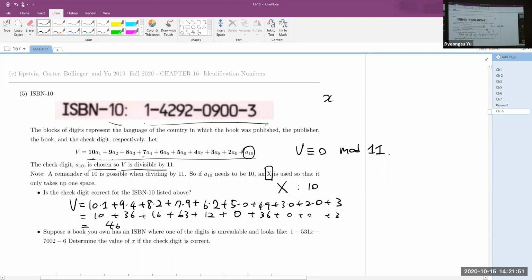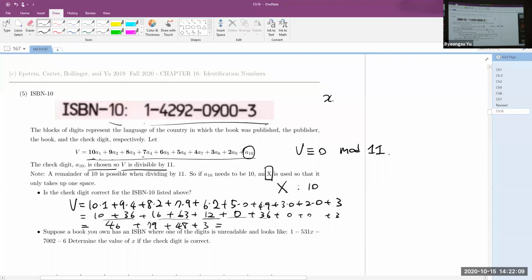The first two numbers give you 46, the second two give you 79, and 12 plus 36 is 48, plus 3.